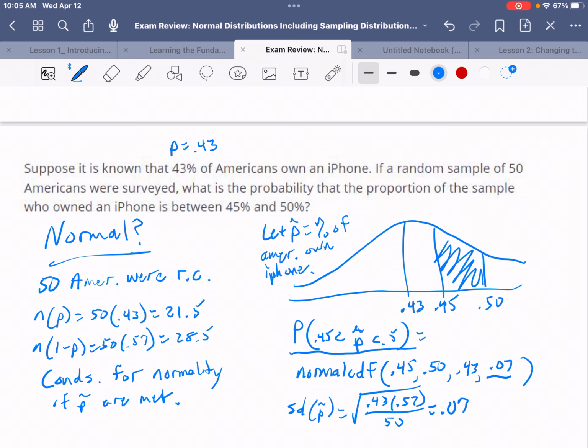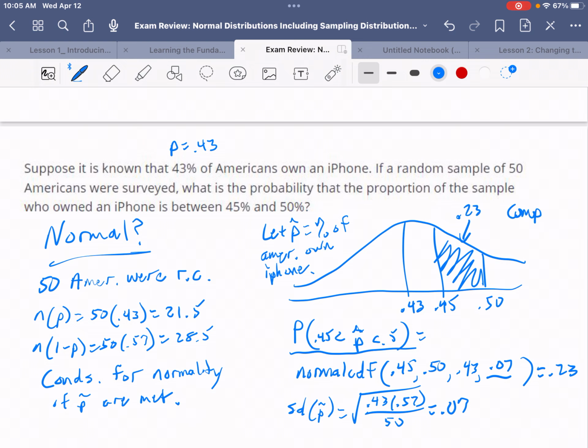So now I know 0.07 goes in there. So now I'm pressing menu, statistics, distributions, normal CDF, 0.45 lower bound, 0.5 upper bound, 0.43 mean, 0.07 standard deviation. Calculator spits out 0.23.